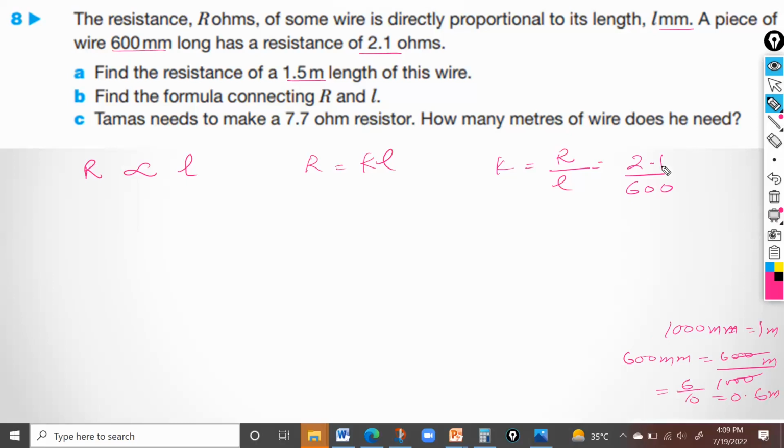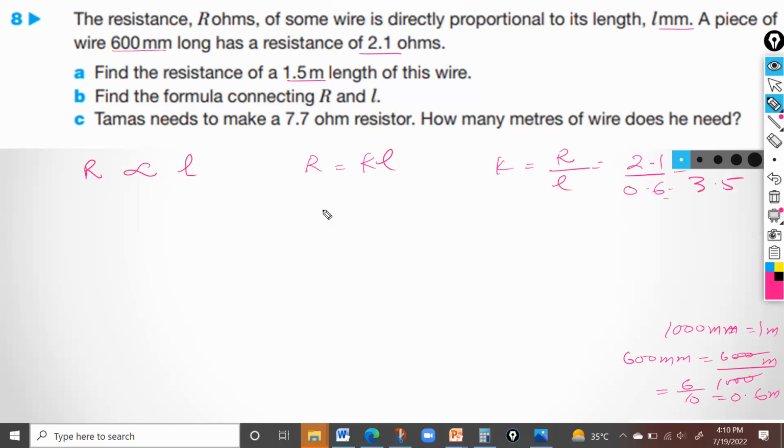So instead of writing this I can take 0.6, okay? 0.6. So if you divide 2.1 by 0.6, what is it? So we get 3.5.